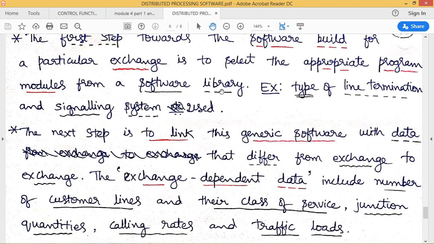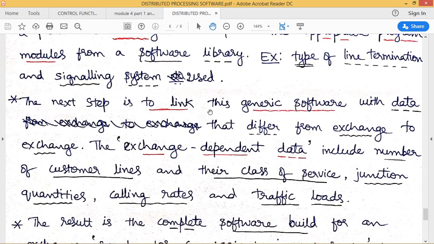So once we have selected a suitable program module, the next step is to link this generic software with data that differ from exchange to exchange. We have to establish how the software takes input data and how it produces output data.